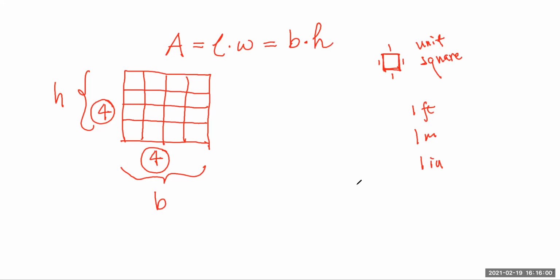When we're measuring 3D, instead of length times width, sometimes we use base times height. In terms of area, sometimes we use length and width, sometimes base and height. Base and height is more general, and when we go to different shapes, you'll see why we use base and height.